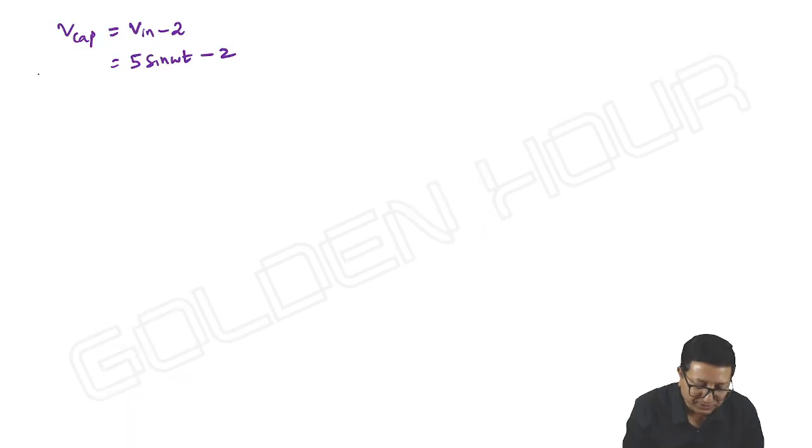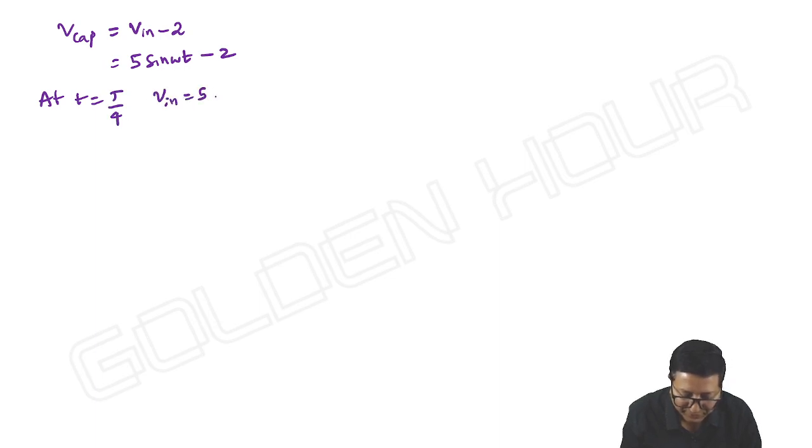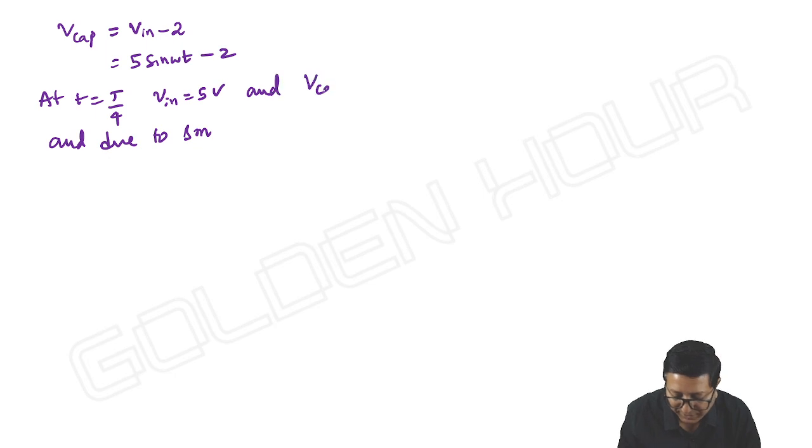So at t equal to T by 4, V input is reaching 5 volts, and due to the small delay, V capacitor is equal to 5 minus 2, equal to 3 volts. This is the expected value.